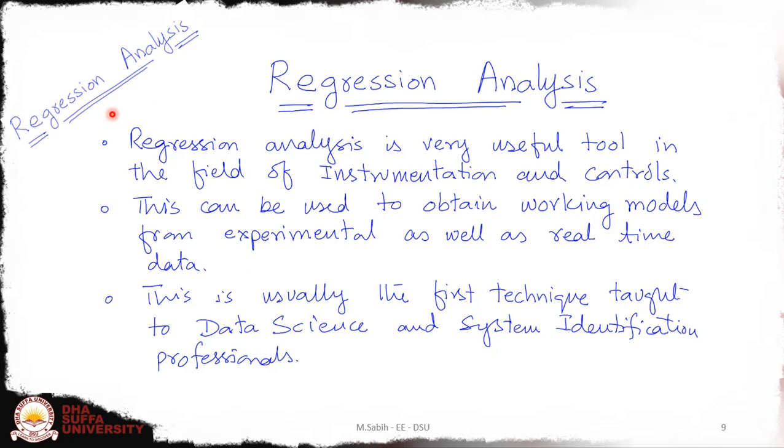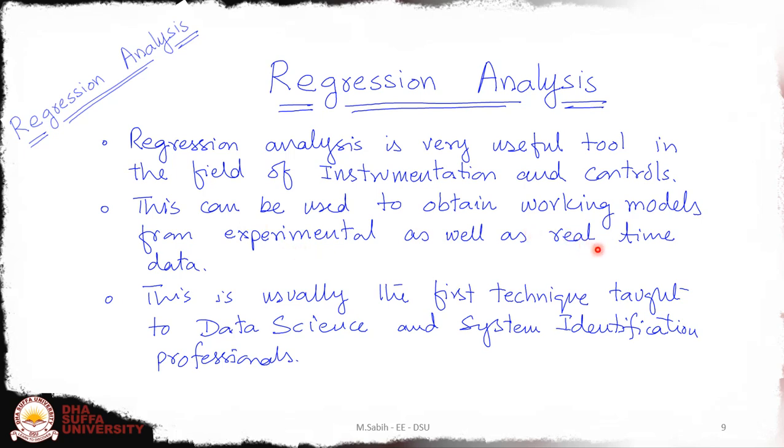Now, having the data and the basics of the regression, we will go through the regression analysis. Regression analysis is a very useful tool in the field of instrumentation and controls. This can be used to obtain working models from experimental data as well as real-time data. The experiment data is basically the data you generate and then do some offline analysis on.